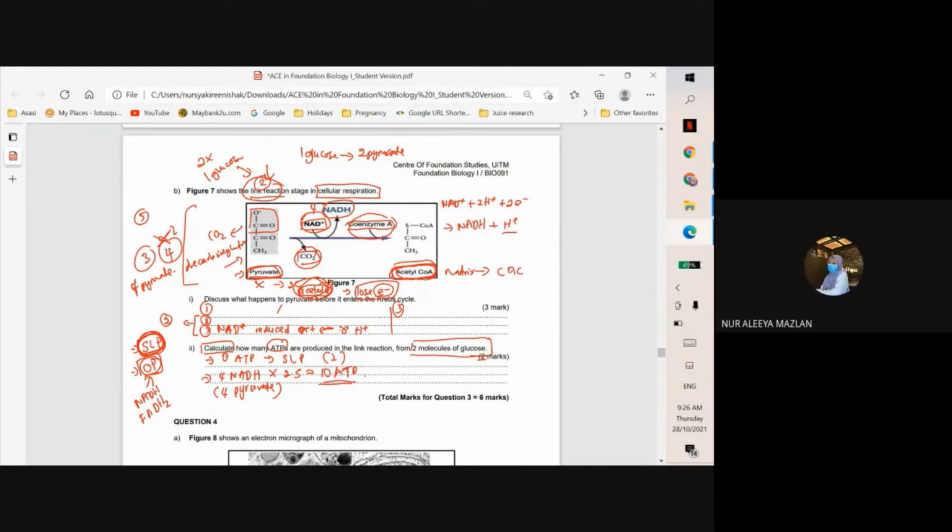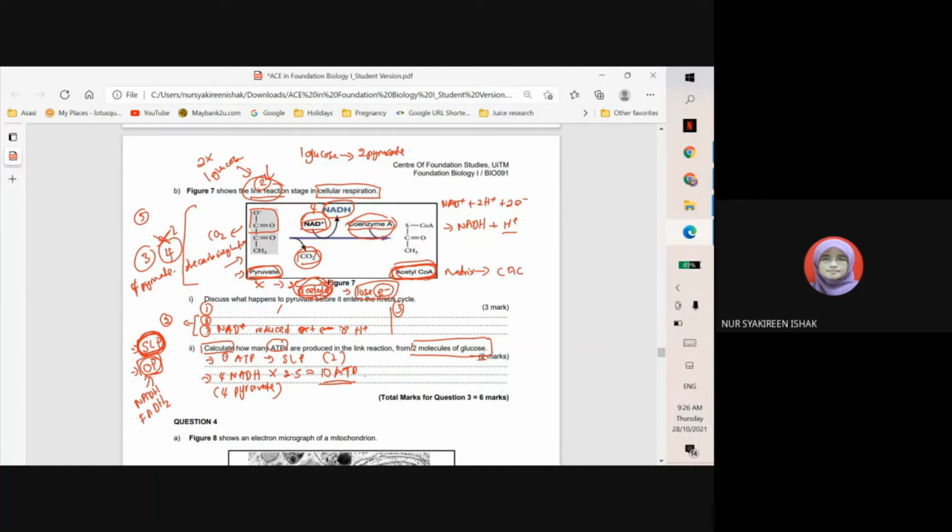Faham, madam. Okay. So saya harap awak faham. Yang soalan macam ni dia selalu nak trick awak sebenarnya, nak test sama ada awak faham tak yang one complete oxidation of glucose, berapa banyak NADH terhasil semasa glycolysis, berapa banyak NADH terhasil semasa link reaction, berapa banyak NADH yang terhasil semasa citric acid cycle.